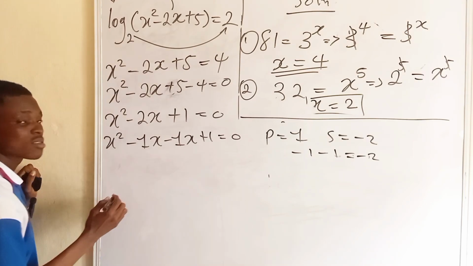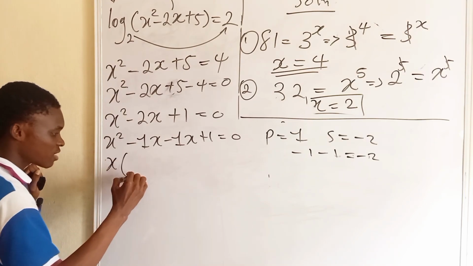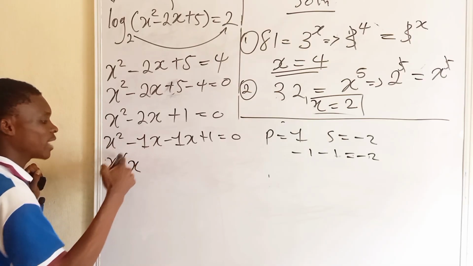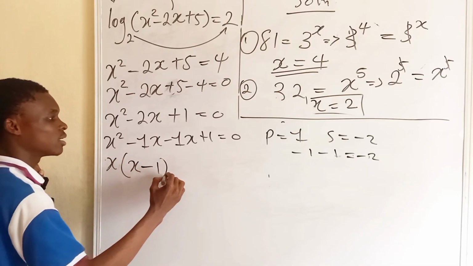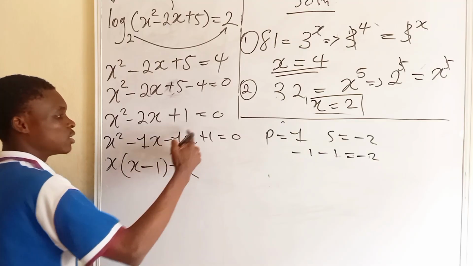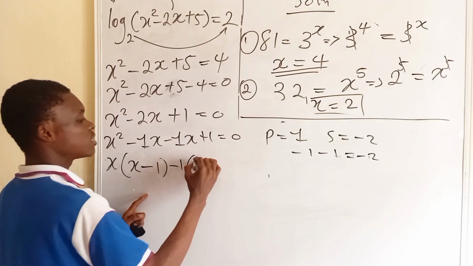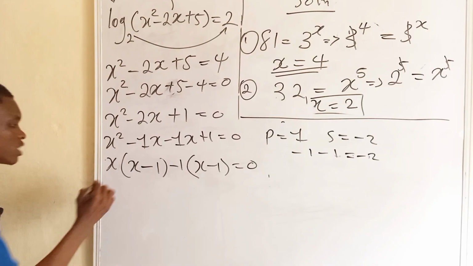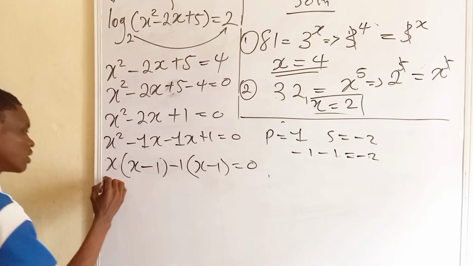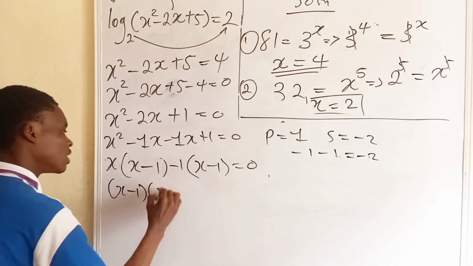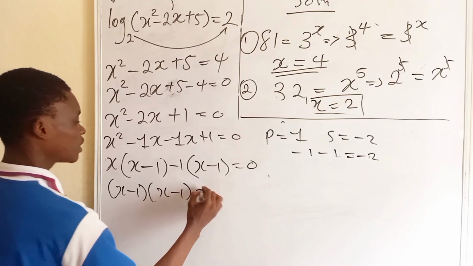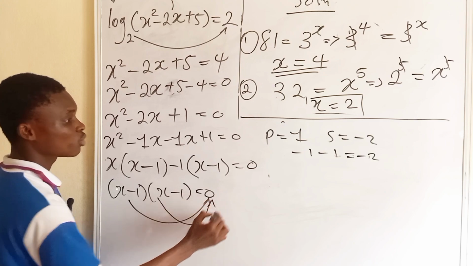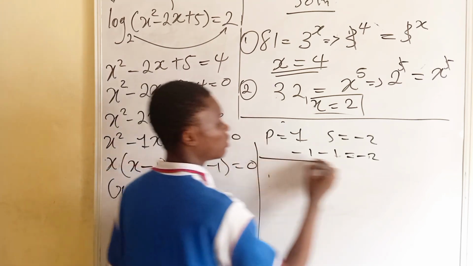To factorize this, bring out the first x. X squared divided by this gives us x. Minus 1x divided by this gives us minus 1. Minus 1 is coming out now. So the two brackets must be the same. Just repeat this term again: minus 1 equals 0. So what next? Let's pick this one. Since they are the same, pick 1. So this is x minus 1 into x minus 1 equals 0. So we set this equal to 0 and set this one equal to 0.